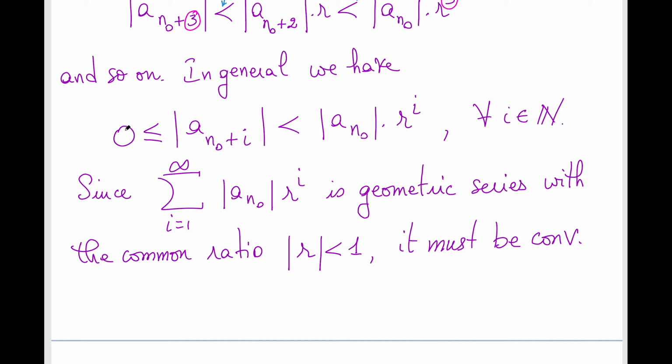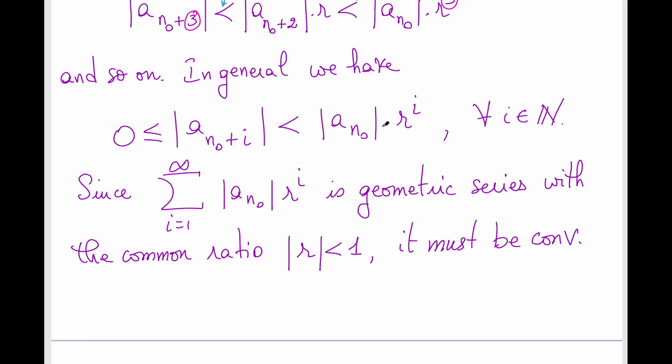It applies only for positive terms, and it says that if we have a series whose terms are smaller than those of a known convergent series, in this case the geometric series we just talked about, then our series must be a convergent one.